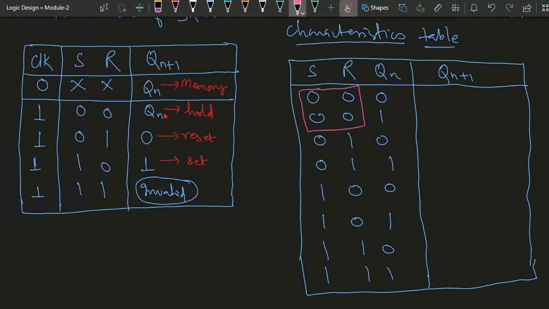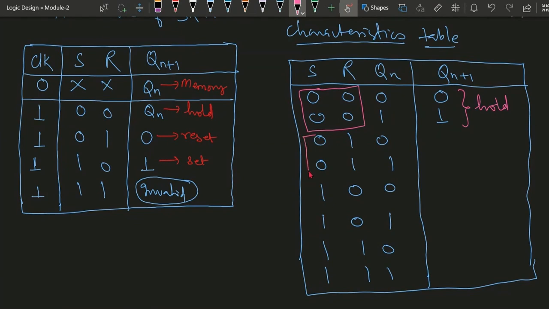Whatever the current state value is, it will be holding it. So the next state value will be the same as the current value. If Qn is 0, Qn+1 will be 0. If it is 1, it will be 1. This indicates the hold mode of the flip-flop.